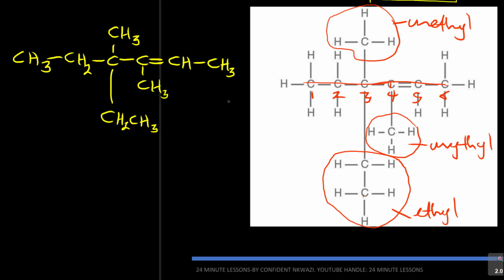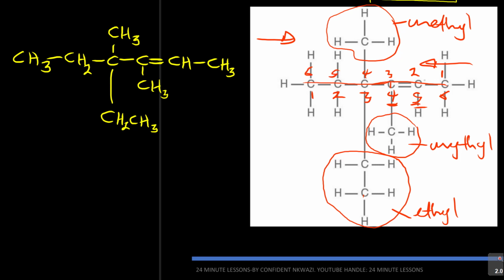That's correct. But look at the carbon double bond. If I name it from left to right, you can see that it will give me the double bond in carbon 4 and 5. You see that? But if I name it from right to left, which I think already you can see is the proper one, it will give me carbon 1, 2, 3, 4, 5, and 6.